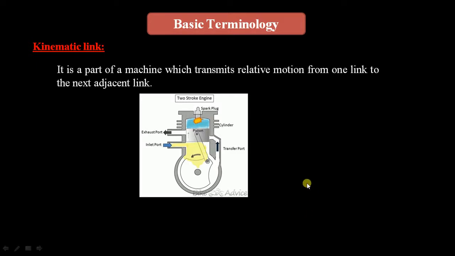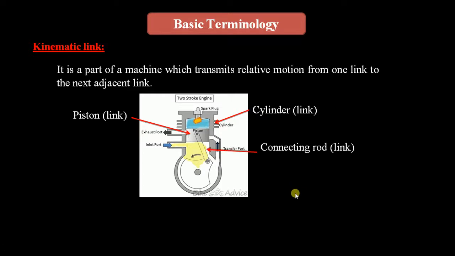So here the piston can be considered as one link, and the piston is connected to the crank with the help of the connecting rod. Before that, a cylinder, which is also considered a link here. And next, the connecting rod, which connects the piston and the crank, can also be one link, a kinematic link here. And the last thing is the crank. This crank is also one of the links.